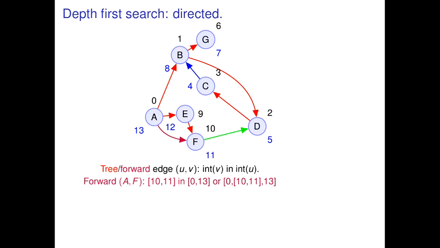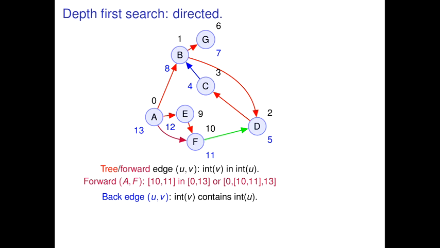This means that this guy's pre is before this guy's pre, and this guy's post is before this guy's post. And now there's also these back edges. Do you see a back edge? Where do you see a back edge, one that goes to your ancestor?